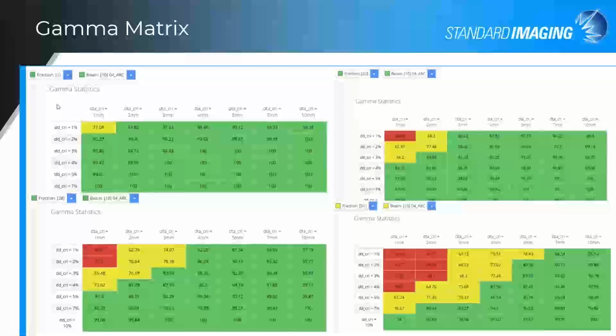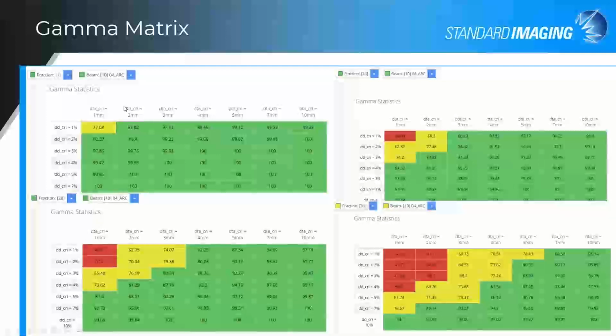What I did is essentially capture fraction 1's results for what's called beam 10, or the 4th arc in this particular case, then fraction 25, fraction 28, and then fraction 31.